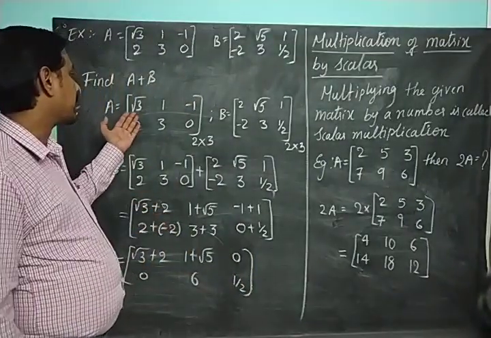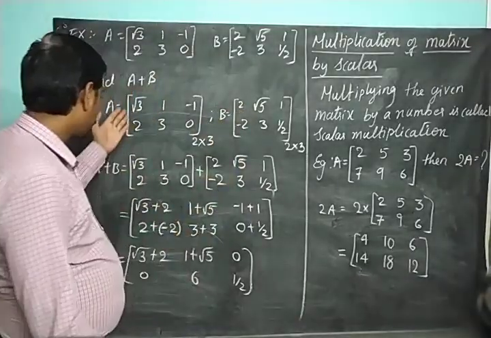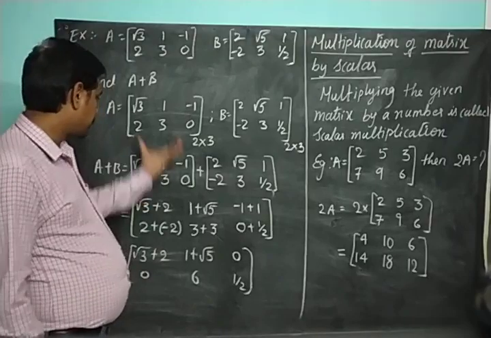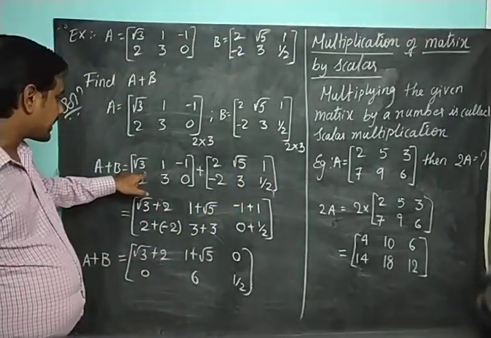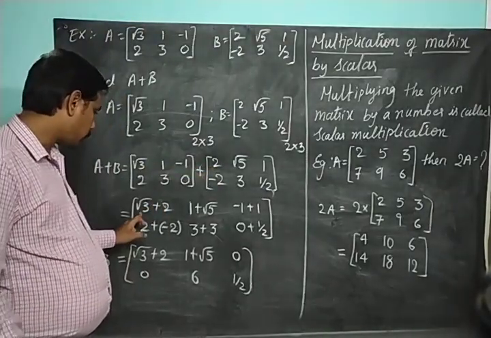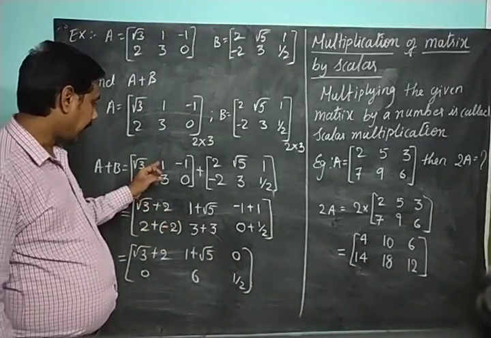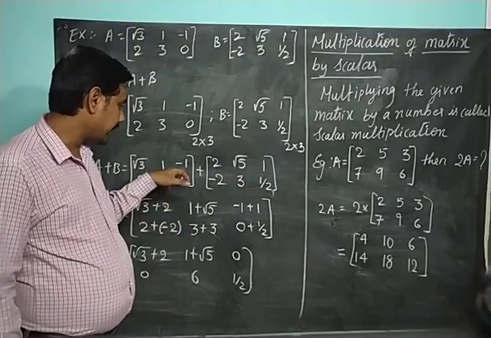What are the corresponding elements? Corresponding element of root 3 is 2 here. So matrix A plus matrix B is matrix A as it is plus matrix B. Root 3 is there, the corresponding element of root 3 is 2 here. So the first element A11 will be root 3 plus 2, and the corresponding element of 1 is root 5, so 1 plus root 5.